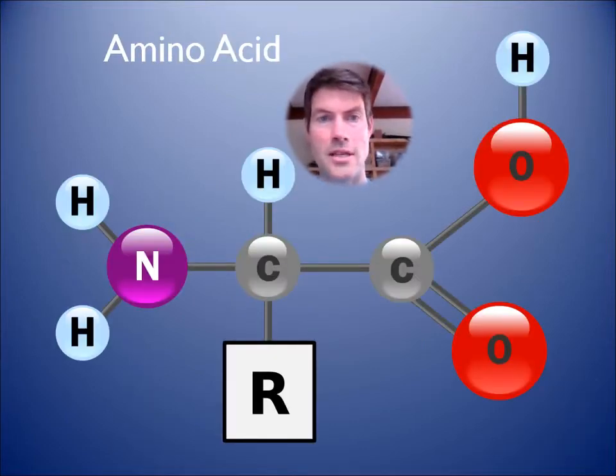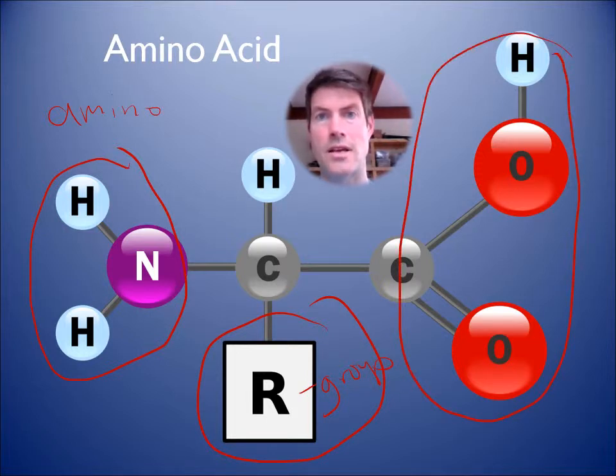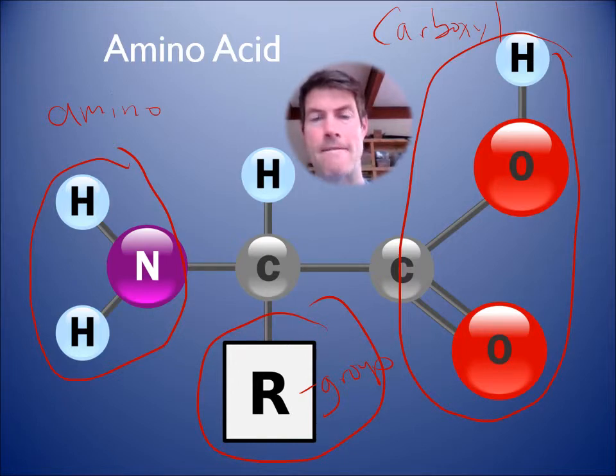You can see the basic structure. This is the amino group. Has the nitrogen. This is, you guessed it, the R group. This right here is called the carboxyl group. And this is our central carbon, and you have this hydrogen.